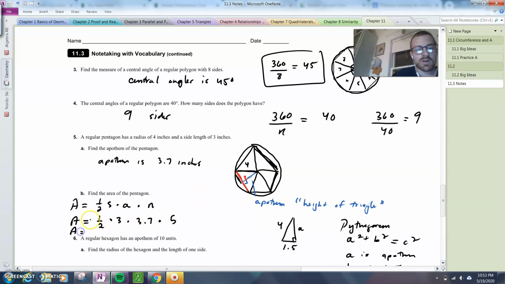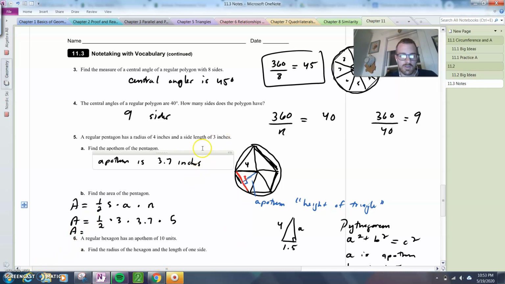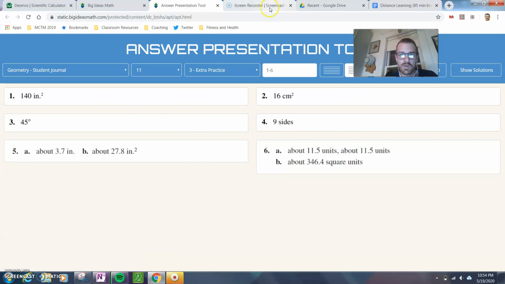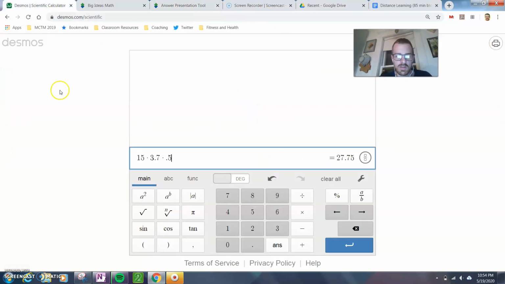And so if you plug all these into your calculator correctly, let's just make sure I can do that. You should get 27.8. And let me just make sure that I get that. Yeah, 15 times 3.7, that's 5 times the 3.